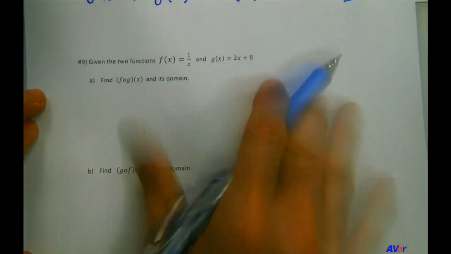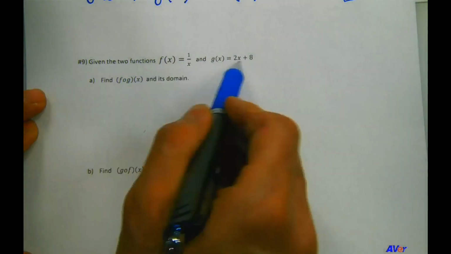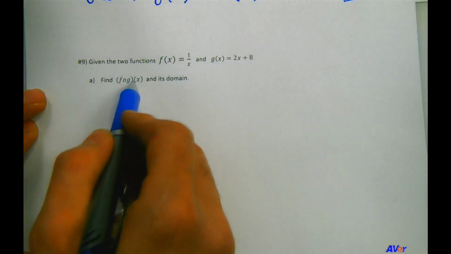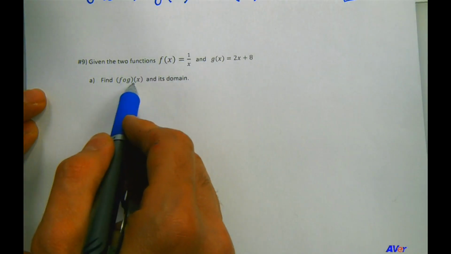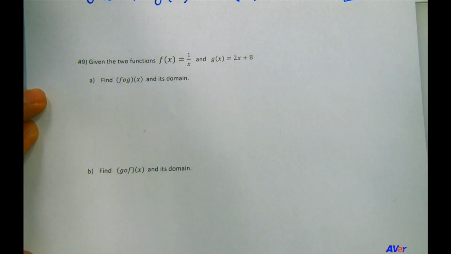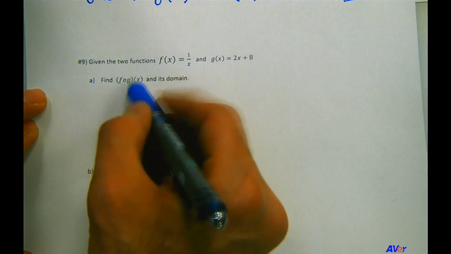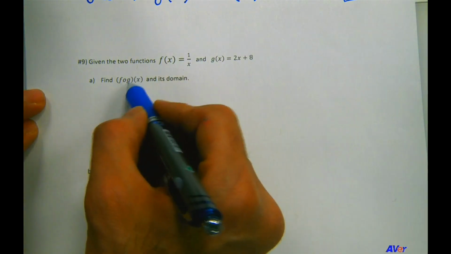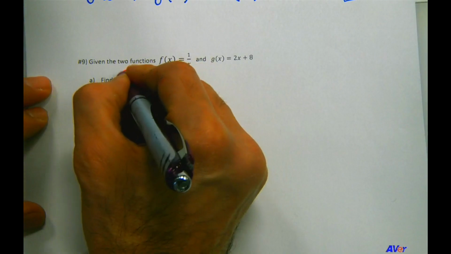Okay, so here it says, given these two functions, find the composition in x, and then the domain of the new composite function. So in this case, g is the second function, right? So we know g goes inside f.